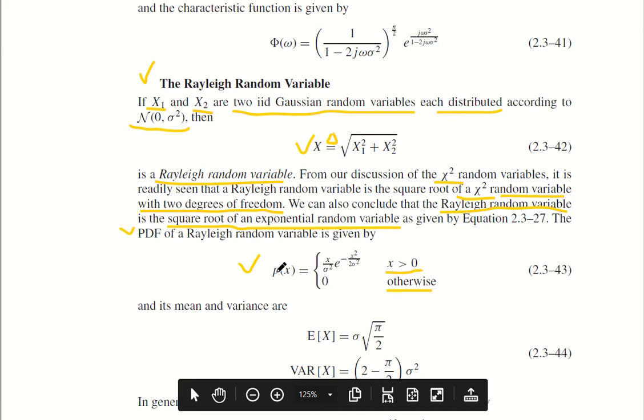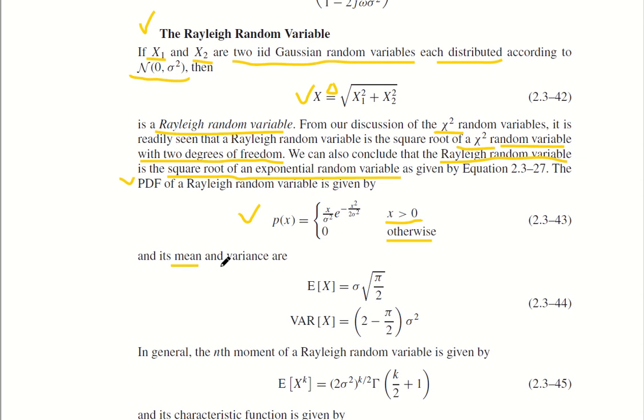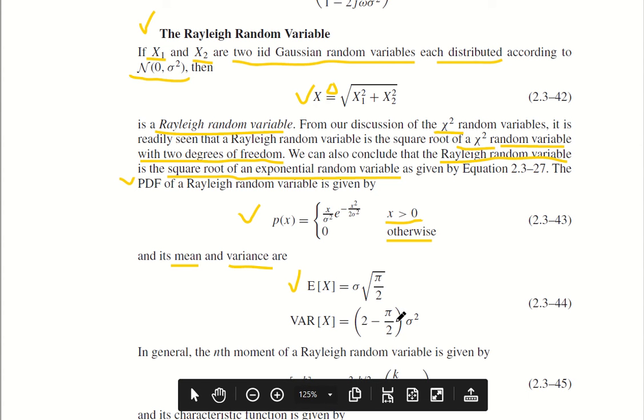And that p of x is expressed in this term, and its mean and variance are: expectation of x equal to sigma multiplied by the square root of pi over 2, and variance of x is equal to (2 minus pi) divided by 2 times sigma squared.